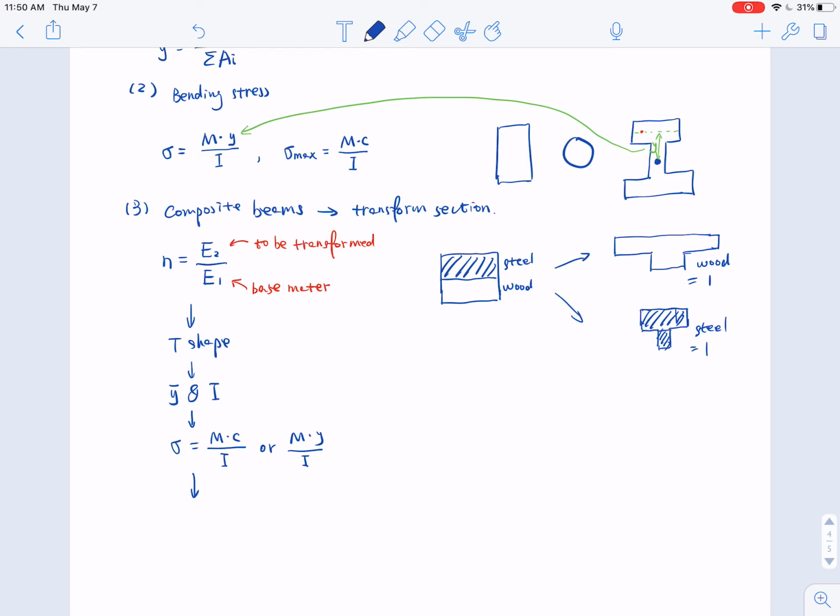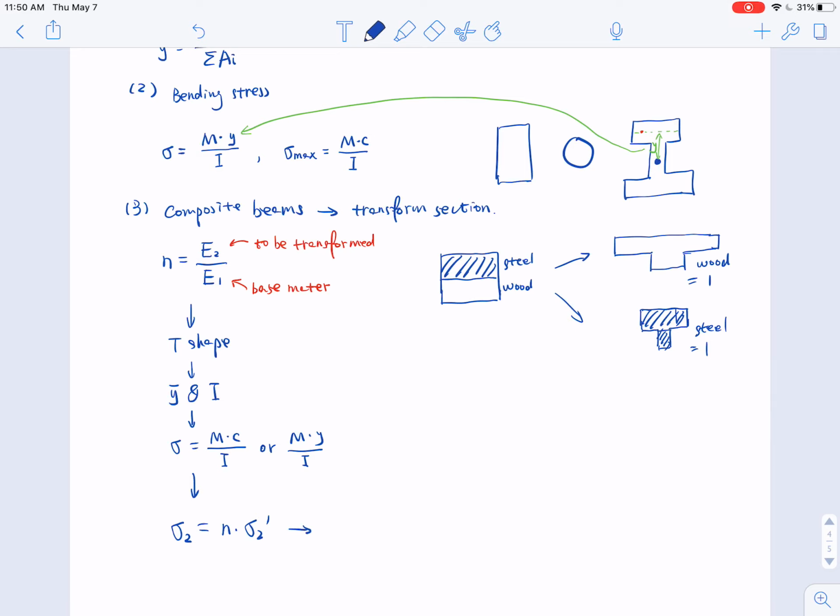But for the transformed material, E2, material 2, you need to do one more transformation. The stress in material 2 will be n times the calculated stress in phase 2.